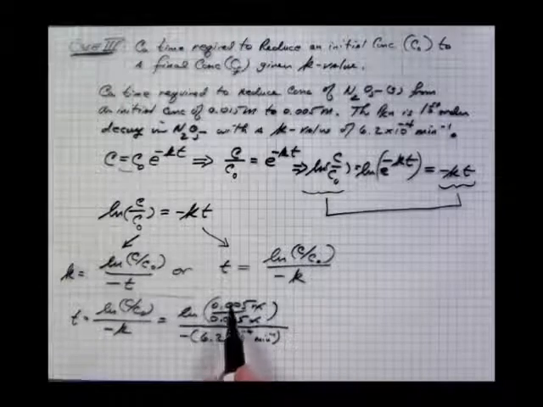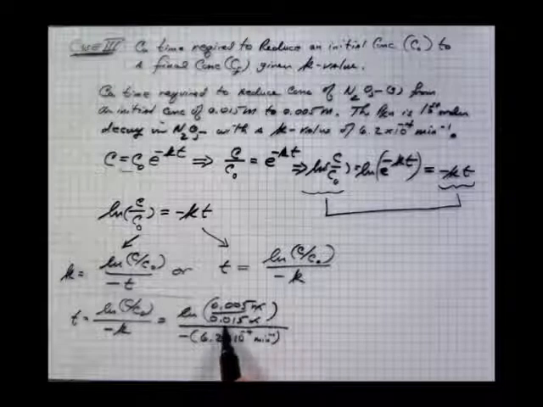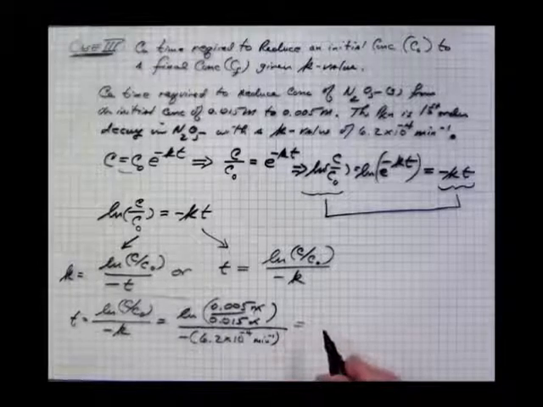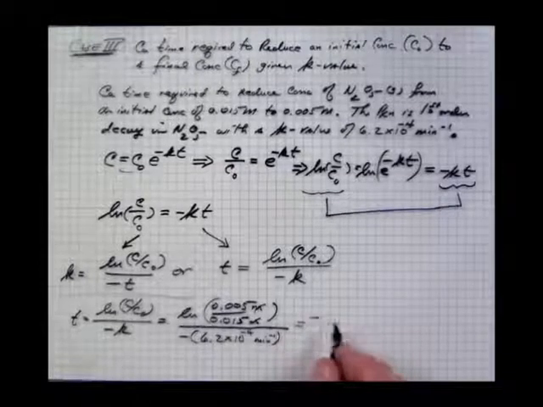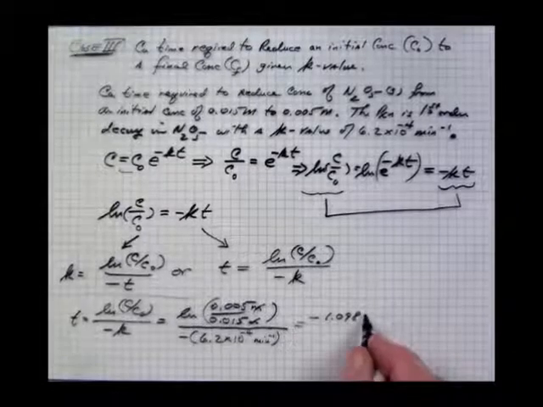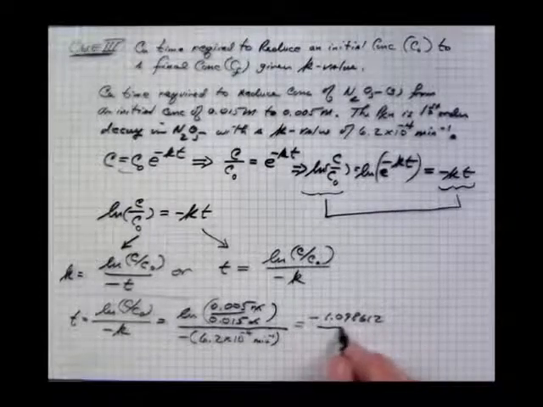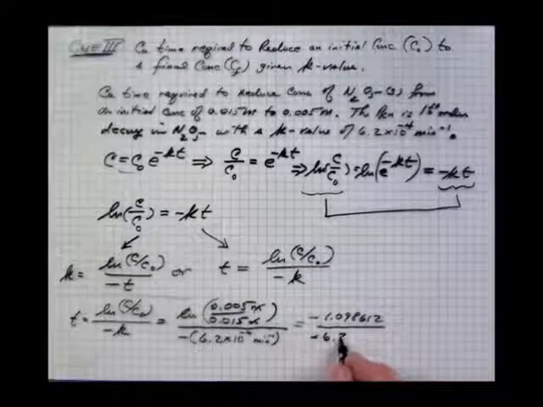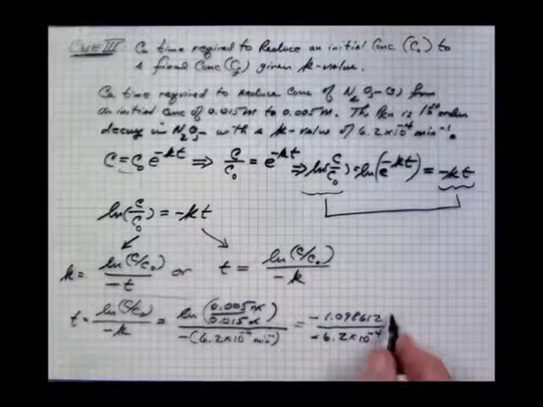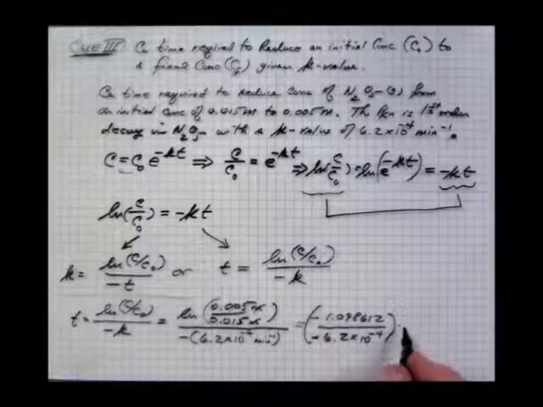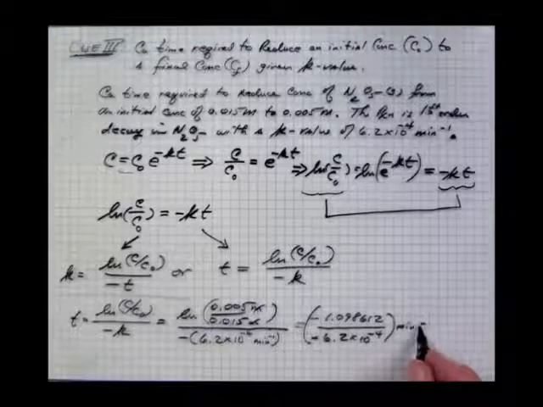So the ln of 0.005 over 0.015 is equal to minus 1.098612 by the calculator, divided by minus 6.2 times 10 to the minus 4, and this will be in minutes.